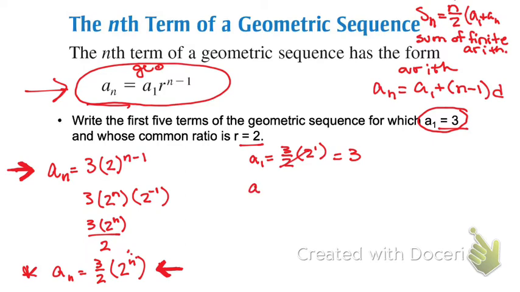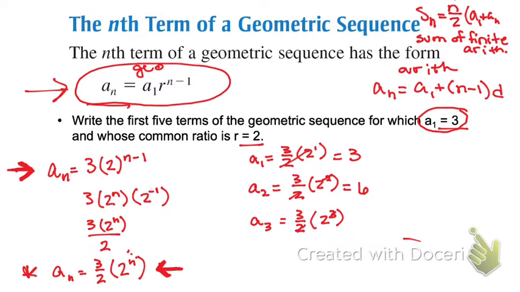So then I have a sub 2. So I have 3 halves times 2 squared. And don't multiply it out because one of them reduces, doesn't it? Yeah. So 2 times 3 is 6. And then a sub 3 is 3 halves times 2 to the third.